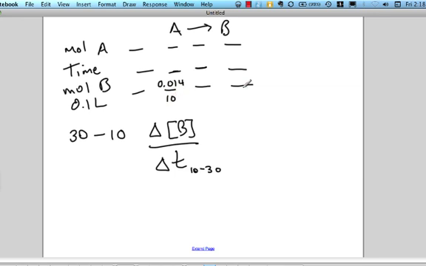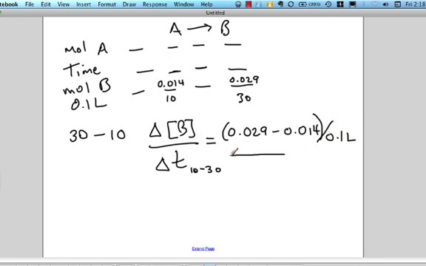So it is going to be 0.029 minus 0.014, but that's moles, and they want a rate in molarity, so you're going to divide that by 0.1 liters. And then you're going to go over 30 minus 10, so over 20.